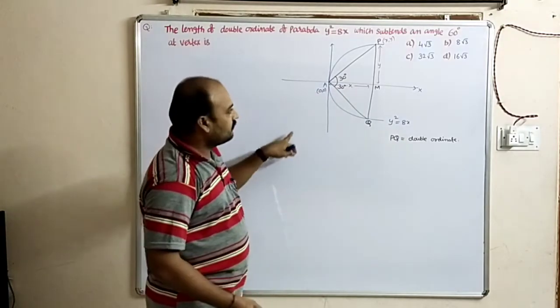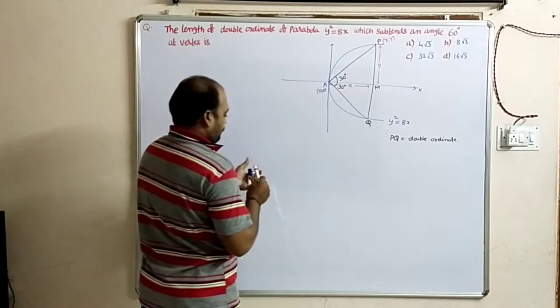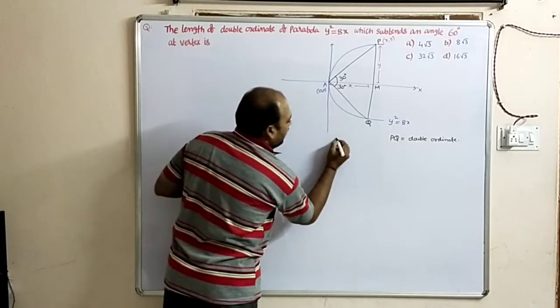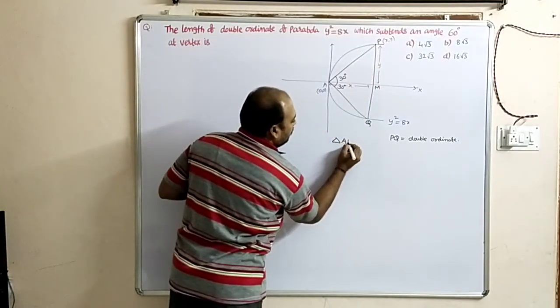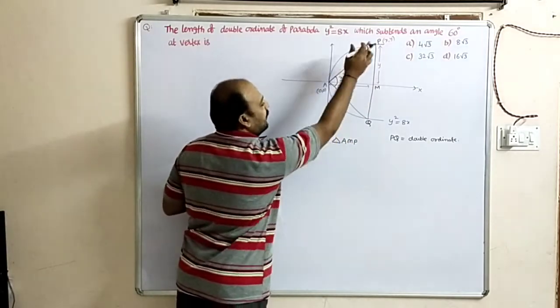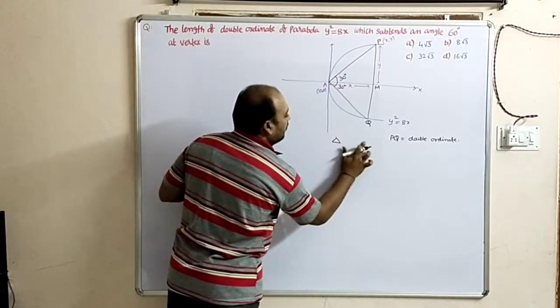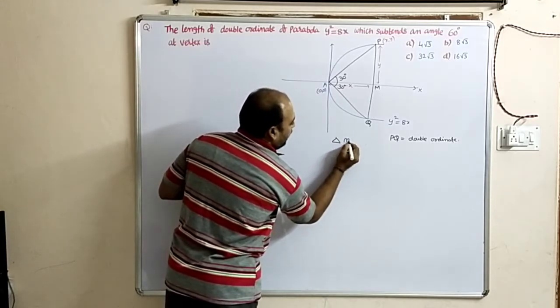So whenever we get 30 degrees here, from triangle AMP, or MAP, better to write MAP, wherever the angle is there you can write MAP.